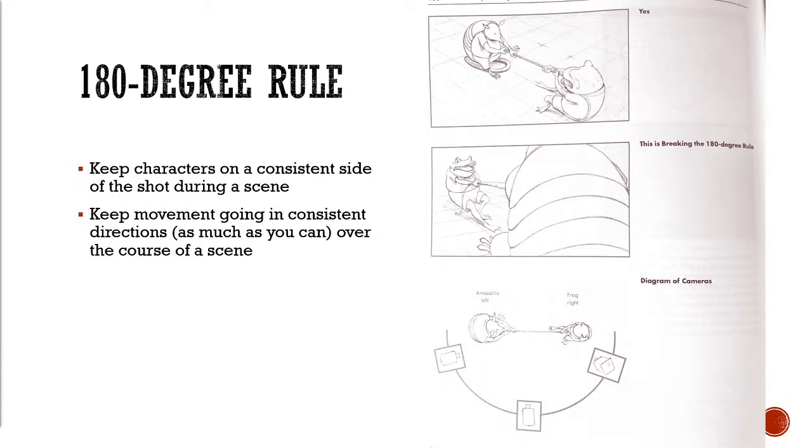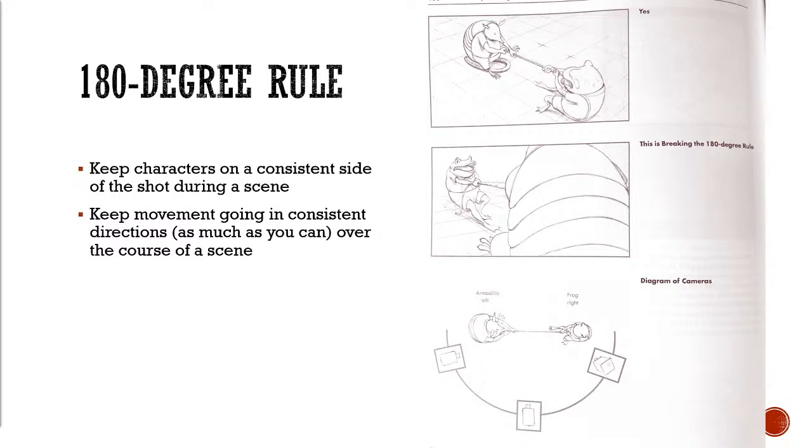In a more technical sense, and the way that you would probably employ it within a 3D scene, look at the bottom diagram, you don't want to break the 180-degree line. So all of your cameras for your different shots should be at the angles that you'd want them all on one side of the characters, kind of like what you have in that image on the bottom of this slide.